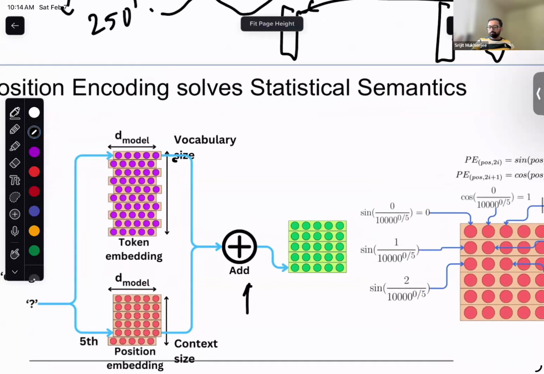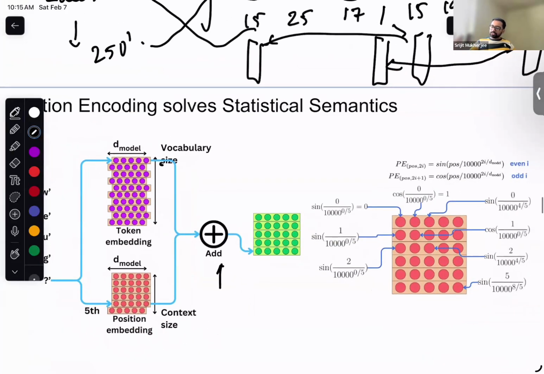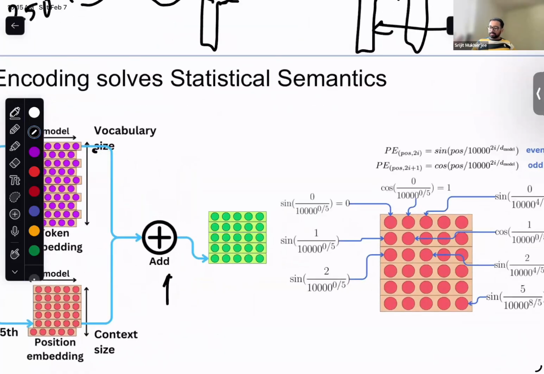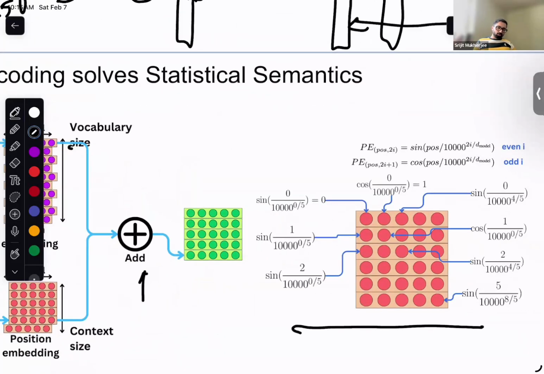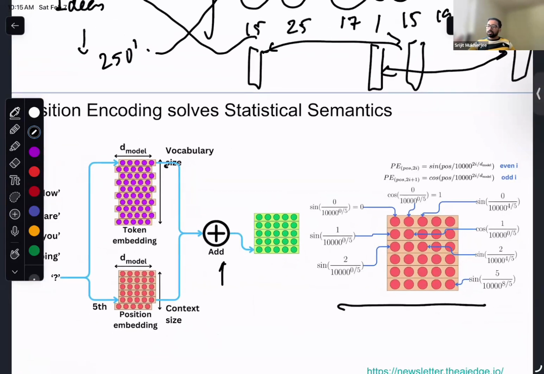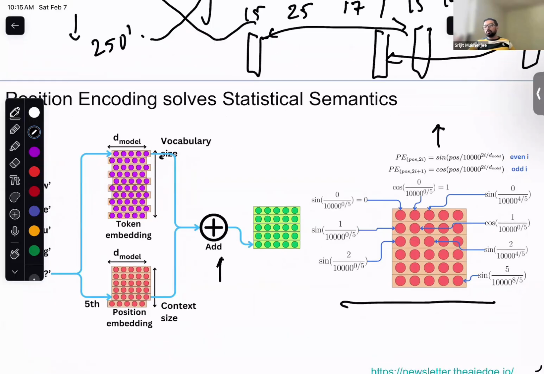And this is the same d_model. The position encoding is done by a sinusoidal curve. I have explained this in more detail in other videos; please look at that, it's not possible to explain right now. But it has some very beautiful math. One of the most beautiful is that this positional encoding is only a function of n minus m, the relative position of two tokens, not the individual positions.